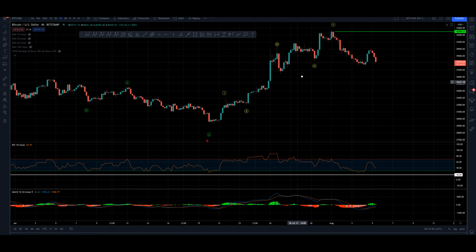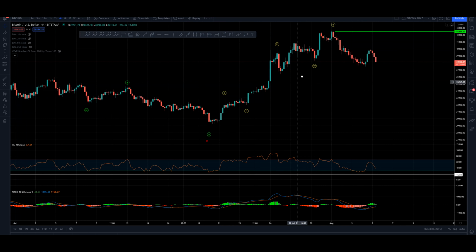I realise I've come out of the wave degree slightly into the wrong one. I mislabeled it slightly. So A, B, C, this is minute. And that takes us into a minor A. There we go, fixed it. So minute level into minor, 3 waves here. So 3, 3, 5 into a C of our B, looking to find our C down.